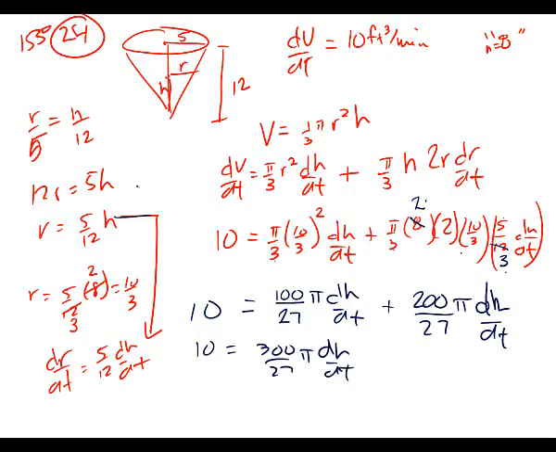Okay, I have to get this to the other side, which means I need to flip the reciprocal. So I'm going to multiply by 27 over 300 pi. Alright, so 10 goes into 300 30 times, and what does 27 over 30 reduce to? 9 over 10.